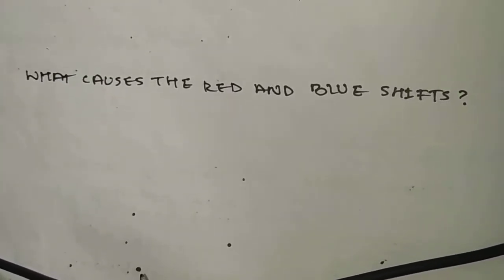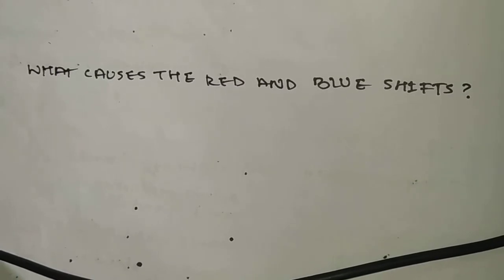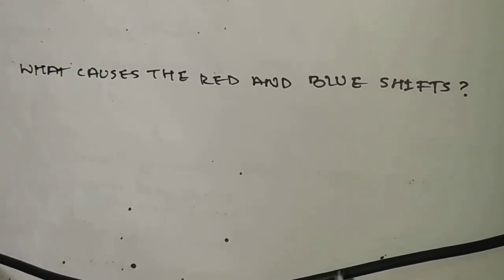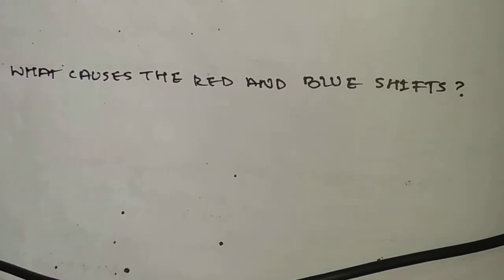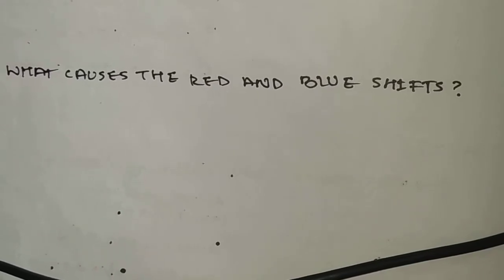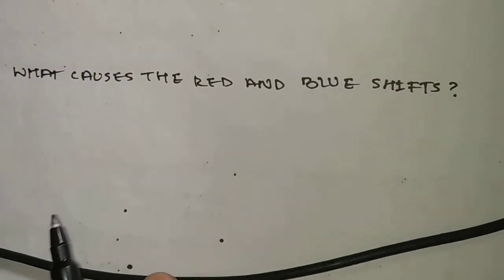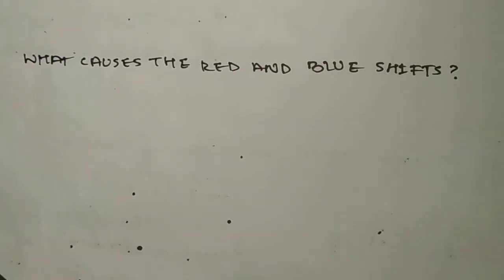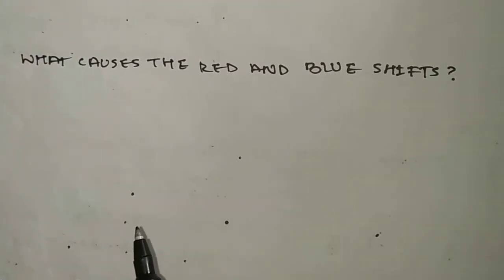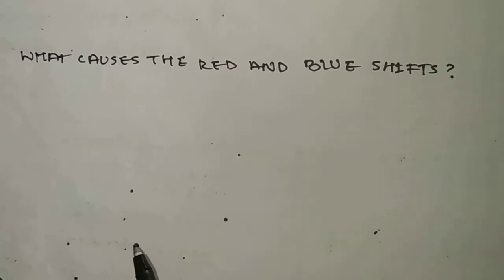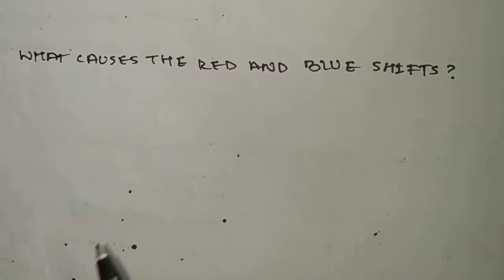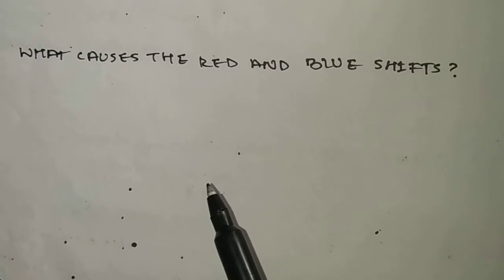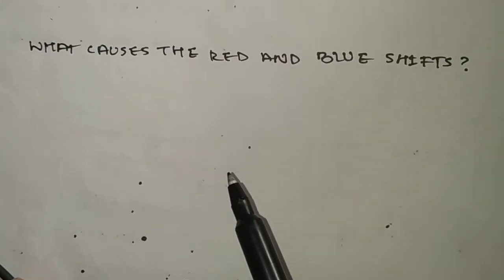Similarly, for blue shift, it is just the opposite. The light source moves towards the observer, and this causes a greater number of frequencies passing through the observer, and the light shifts towards the blue end of the visible light spectrum and causes blue shift.